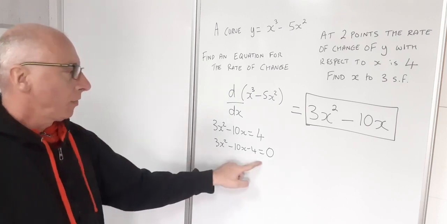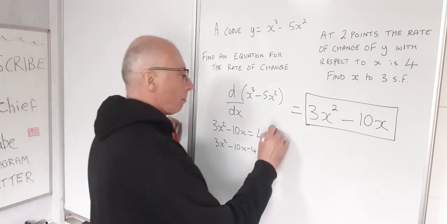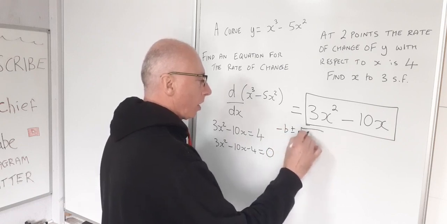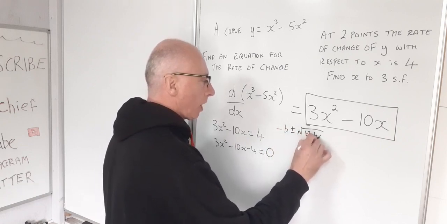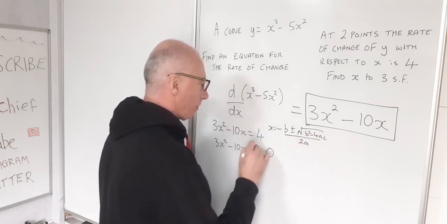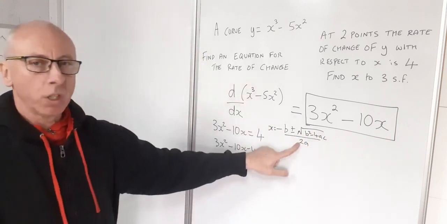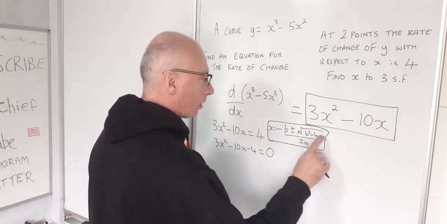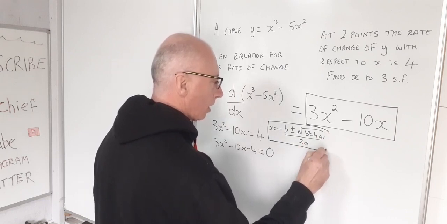So the quadratic formula: I've got my minus b plus or minus square root of b squared minus 4ac, all over 2a, and that gives me my x. So that's our formula. Let's just keep that in the box nicely.